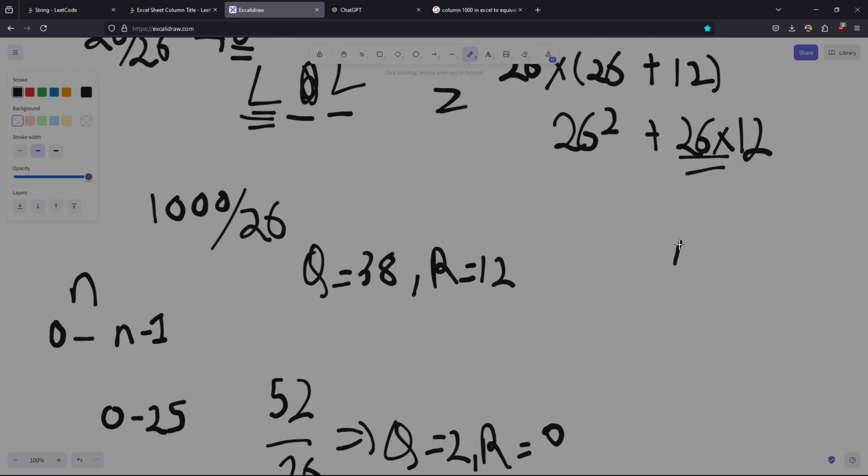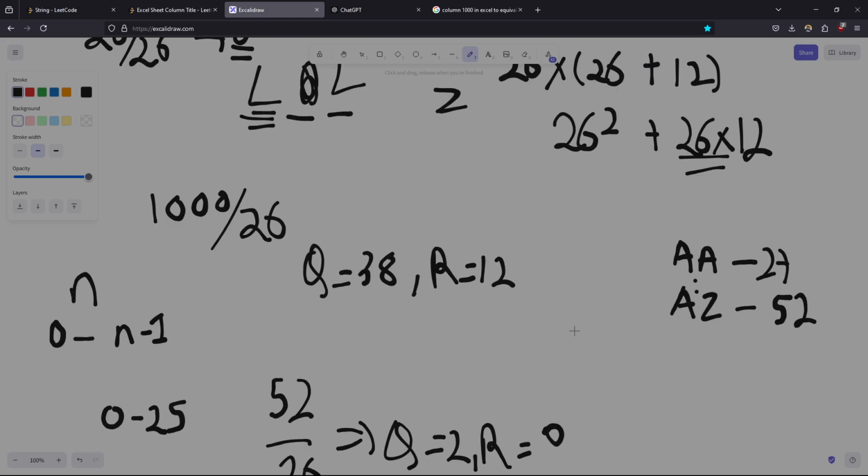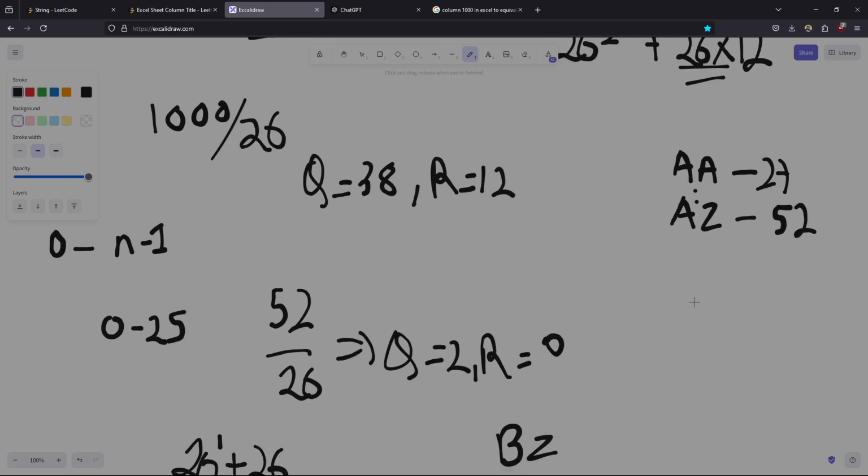After reaching Z, we will get AA, which is 27, and likewise we will reach AZ, which is 27 plus 25, which is 52. Yeah. So the answer is AZ.